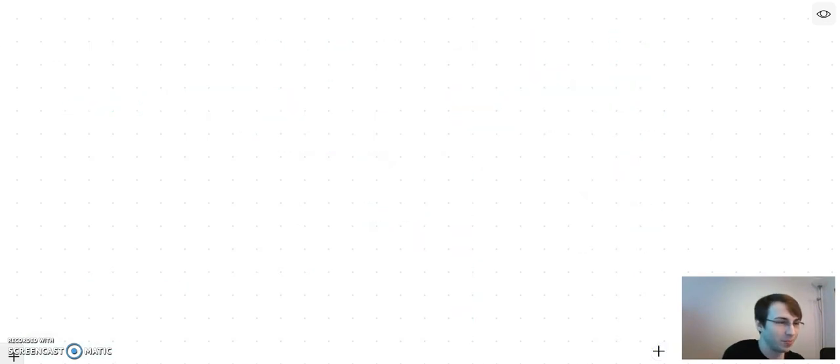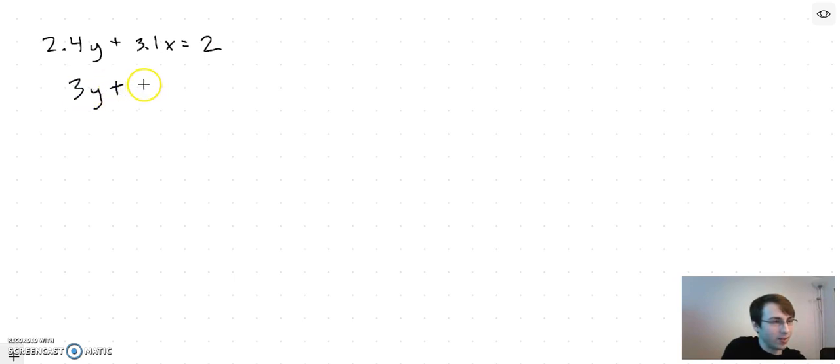What if we want to do elimination on 2.4y plus 3.1x equals 2, and say we want to do 3y plus 2x equals 4. So this is kind of an ugly system. I don't really want to substitute in there because that's a lot of multiplication.